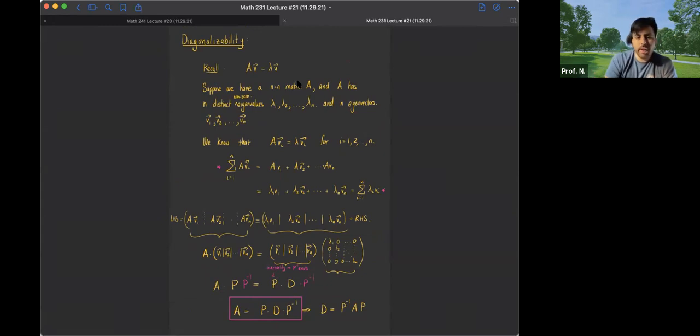What is required? What is necessary in order for a matrix to be diagonalizable? And first of all, what does that even mean? Diagonalizable. Does anybody recall?